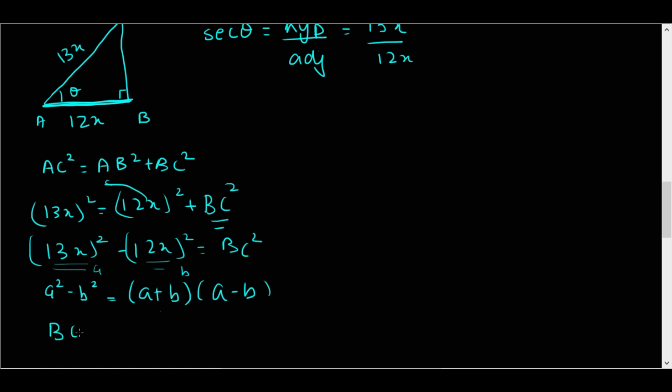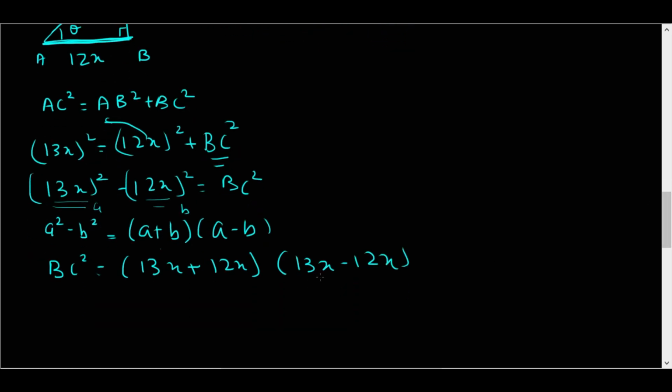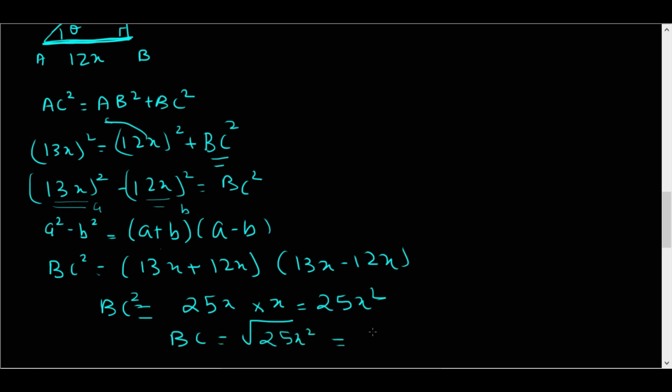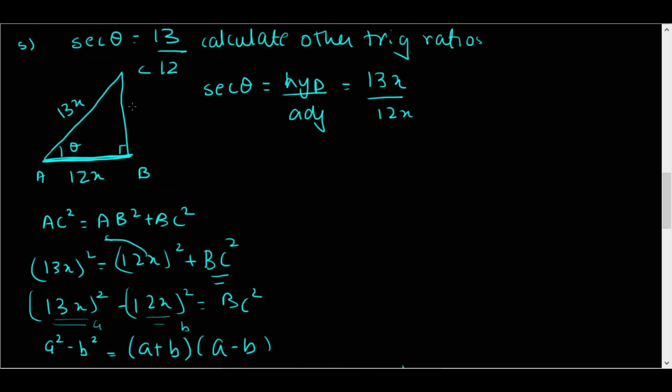So BC square would be 13x plus 12x into 13x minus 12x. 13x minus 12x would be x. 13x plus 12x would be 25x. 25x into x would be 25x square. Now this is BC square. I want BC. So BC would be root of 25x square, which is 5x. So here I have BC as 5x.